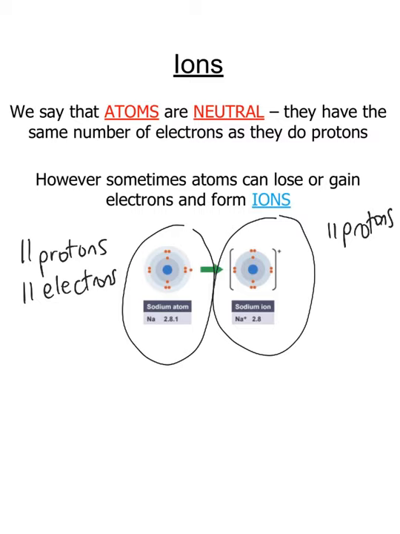You can see, however, its electronic configuration has now changed from 2.8.1 to 2.8. It now has one less electron, which can be represented as e minus. It means that there are more positive protons than there are negative electrons, and you can see here we give it a positive charge.